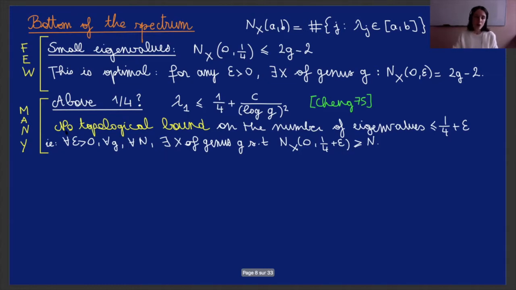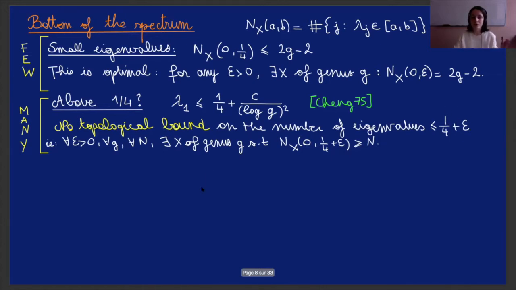Furthermore, you cannot prove a topological bound on the number of eigenvalues above 1/4. In the first case, the number of eigenvalues under 1/4 was bounded by something which only depends on the genus. And that's no longer possible if you want to go a bit above 1/4.